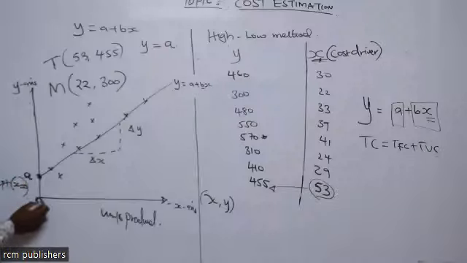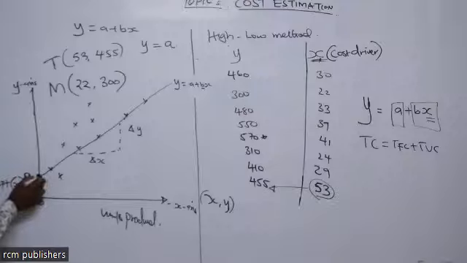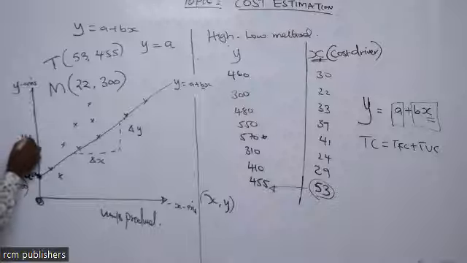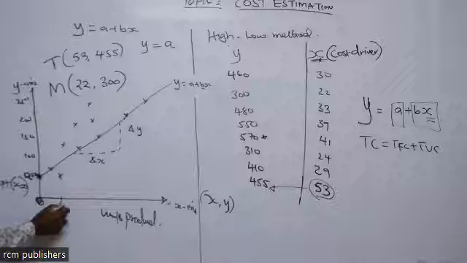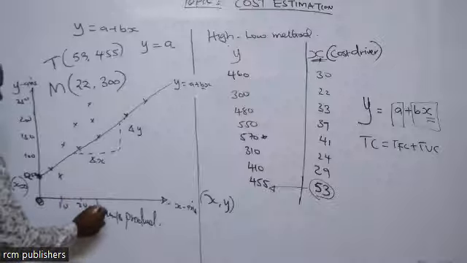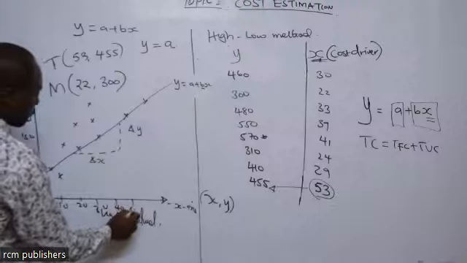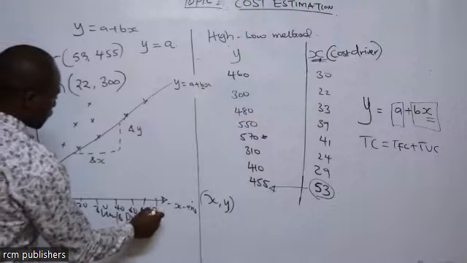Here, this is the origin of x. So when x is 0, what do we have as the value of y? Maybe we have 50, 100, 150, 200, 250. Here is 0, 10, 20, 30, 40, 50, 60, 70.